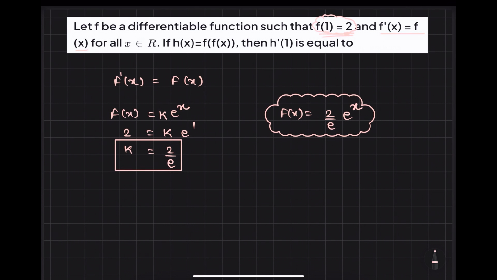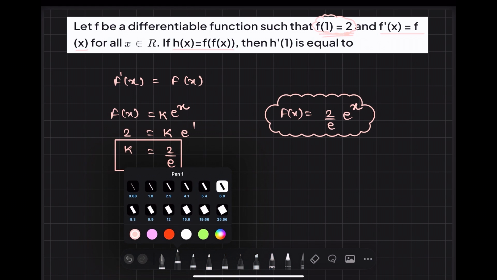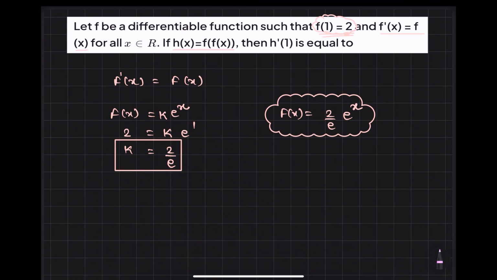Now what do we have to do? We have to find h of x. Who is h of x? H of x is f of f of x. So first find h of x. So in place of x in f of x, you have to write f of x.